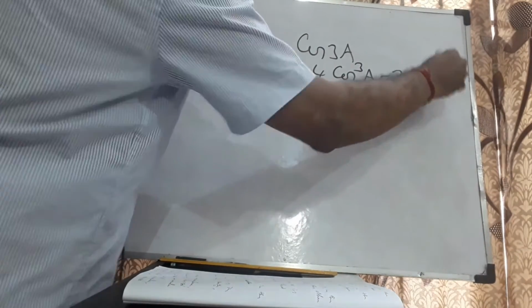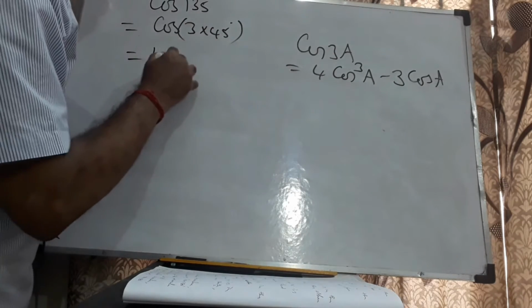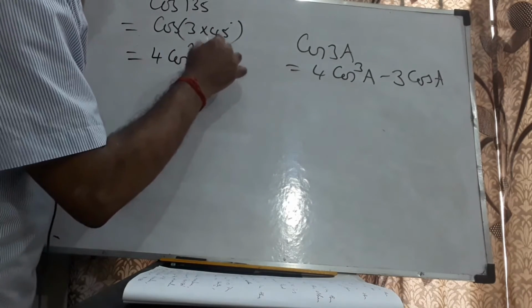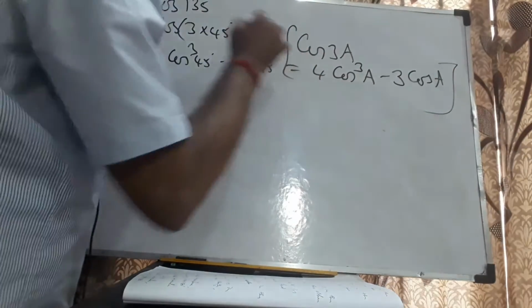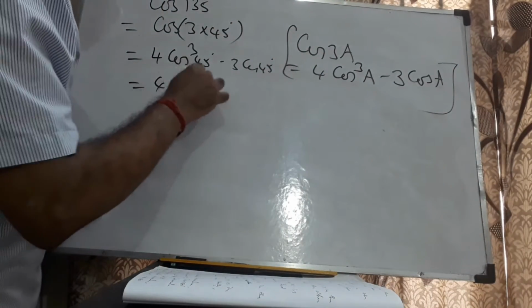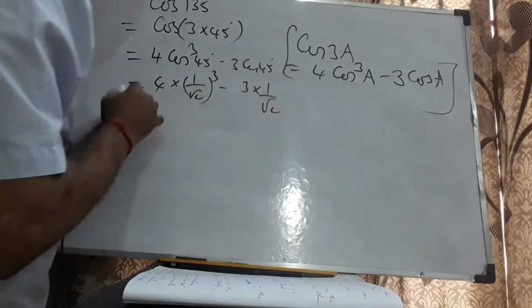Therefore, instead of a I have 45 degrees. 4 cos cube 45 degrees minus 3 cos 45 degrees. Therefore, this is 4 into 1 by root 2, the whole cube, minus 3 into 1 by root 2.